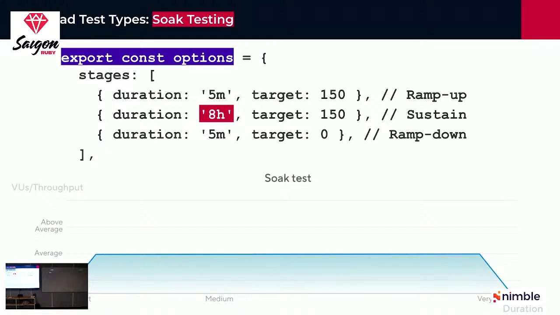We can use this one to check the availability of our application, especially over extended periods. So we should combine this test with monitoring our backend utilization to have a clear view of our resources. If there is an issue like a memory leak, we can identify it easily.